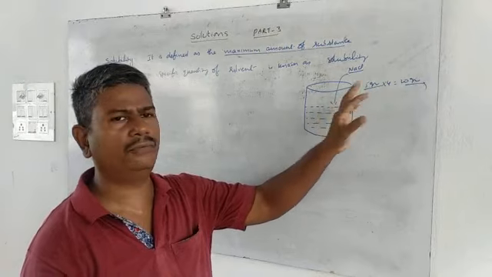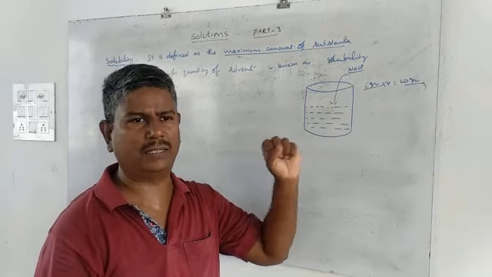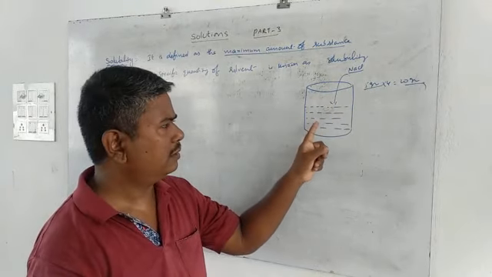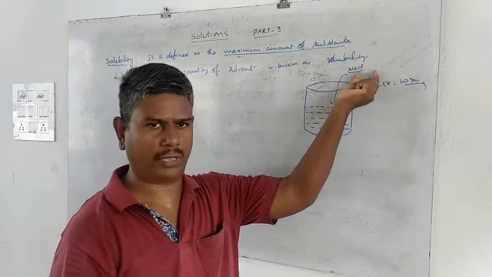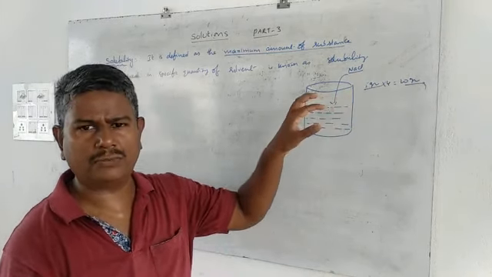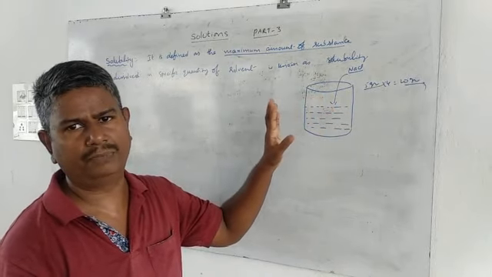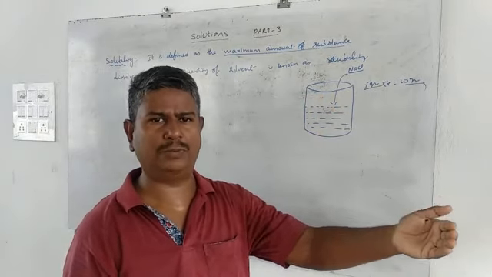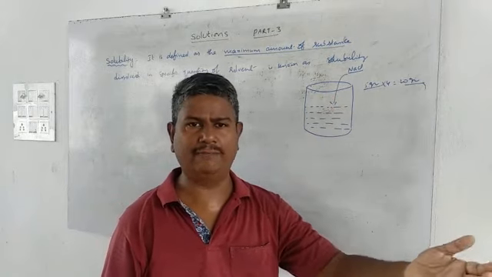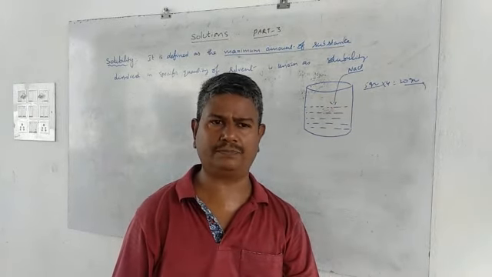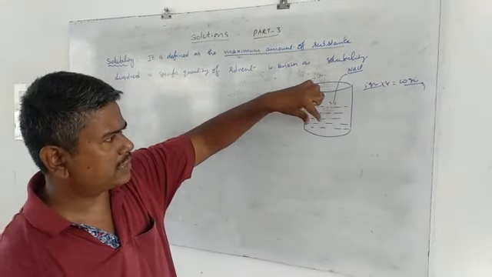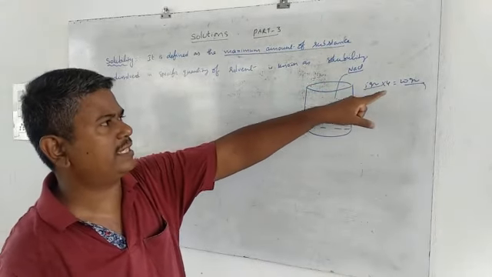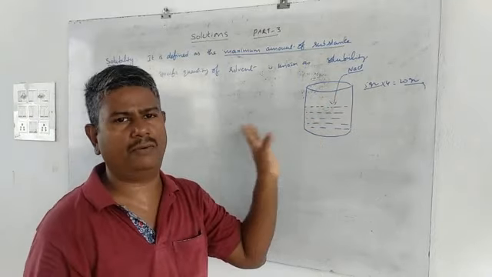The solute will not dissolve in it. What is the solute here? Sodium chloride. So the maximum amount of solute is dissolved. Even though you add the next spoon, the solute will not dissolve. That means the maximum amount of the substance dissolved is 20 grams. That is the solubility in 100 ml of water.